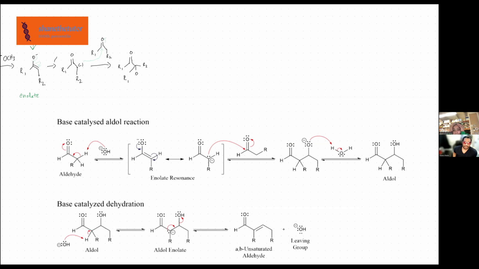So basically, I'll make this orange, and then I use pink for the second oxygen, and that's that oxygen right there, right?